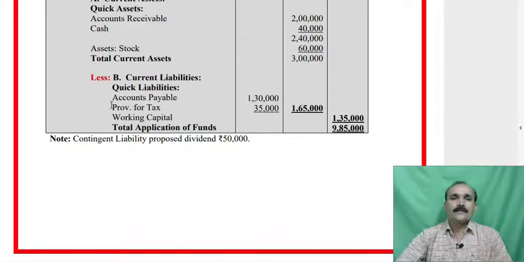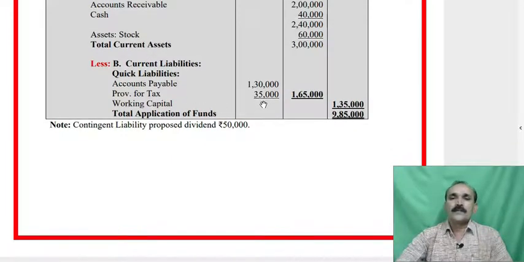Quick liabilities: account payables 1,30,000, provision for tax 35,000, total 1,65,000. Current assets minus current liabilities is equal to working capital, and the working capital balance here is 1,35,000 after deduction. Total application of funds 9,85,000.